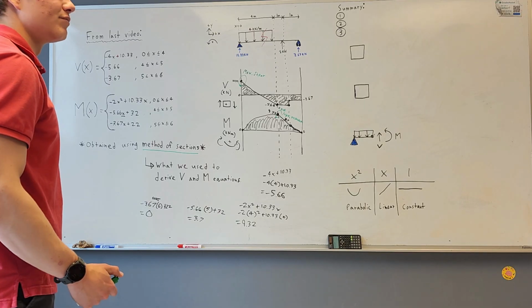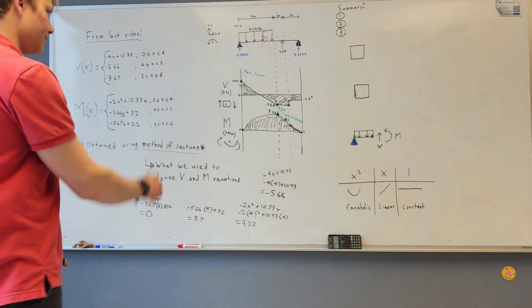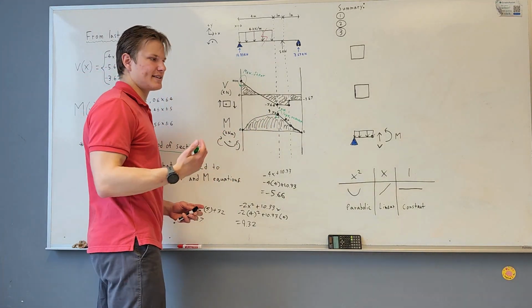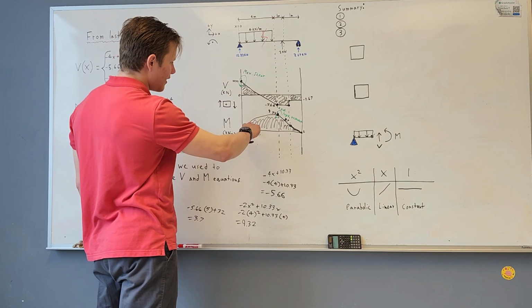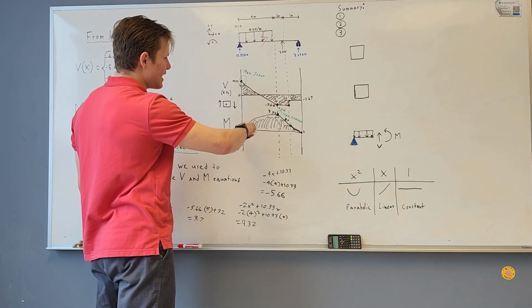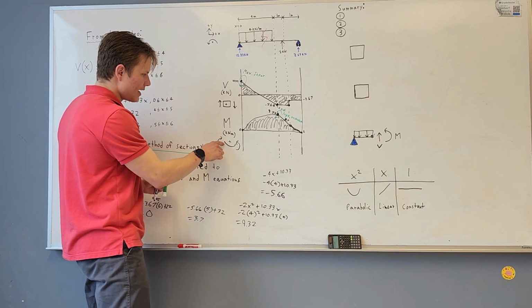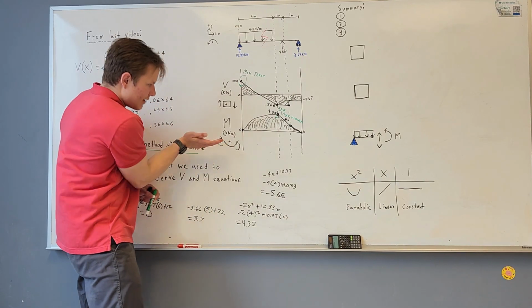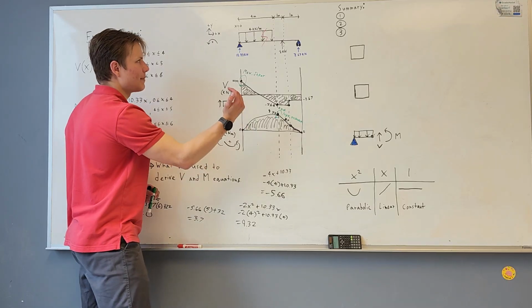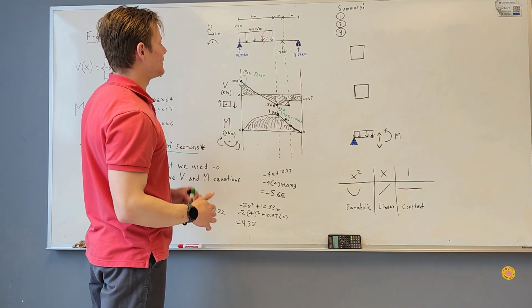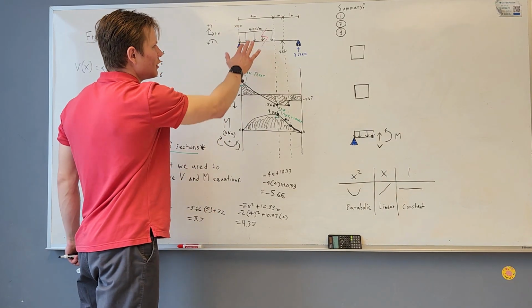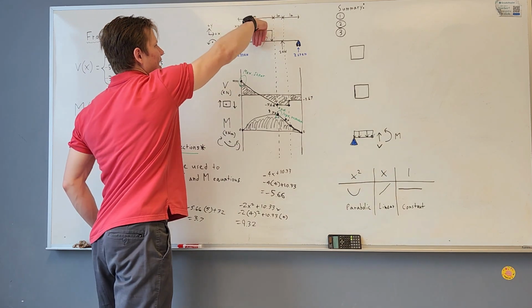It's worth looking over your plot and making sure it makes sense. We can see that our moment is entirely positive, which means that our beam is always bending in a curvature that's in the shape of a smile, which makes sense because most of the load acting on our structure is pointing downward.